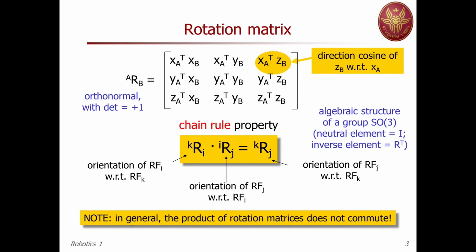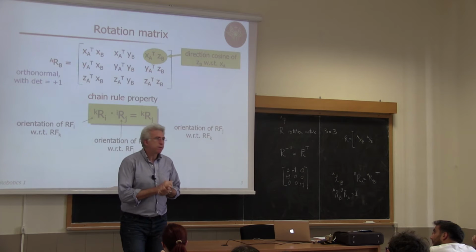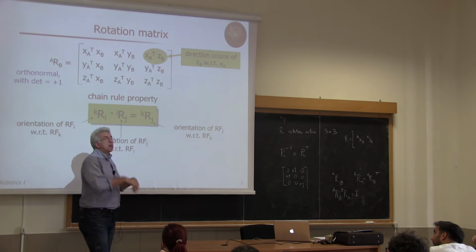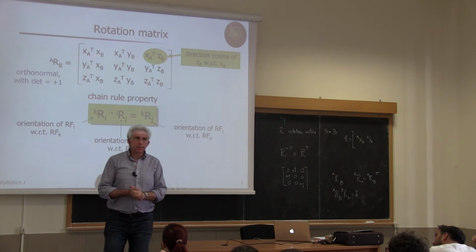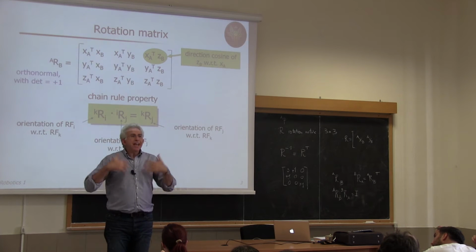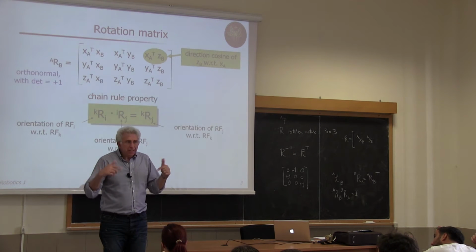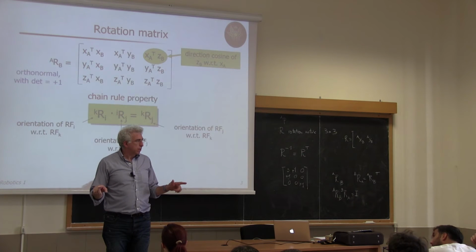Now, there is another important thing which is implicit in this relationship. There's a chain rule property, meaning that if I take a generic rotation matrix, which represents the orientation of a frame with respect to another frame, and I multiply it by another rotation matrix, the product is again a rotation matrix. So again, it's orthonormal with determinant +1.